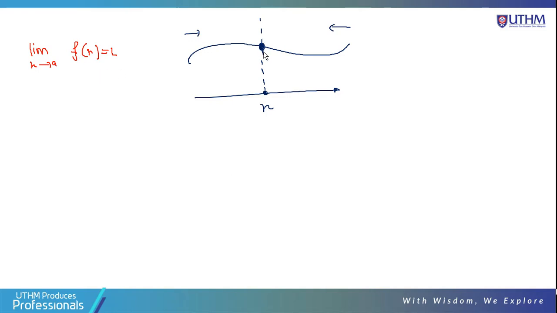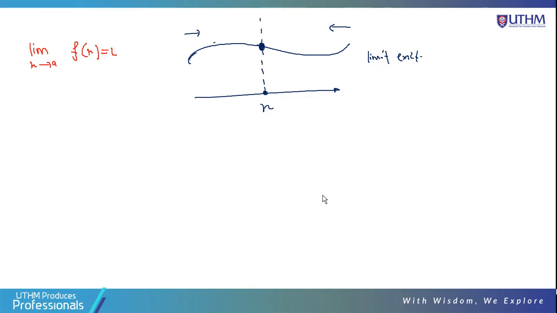When they meet at a certain point, moving along the curve from the left and from the right, we call this the limit exists.